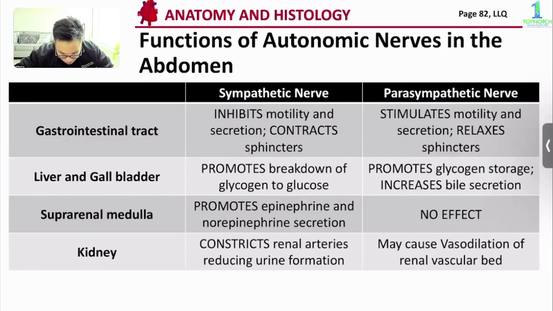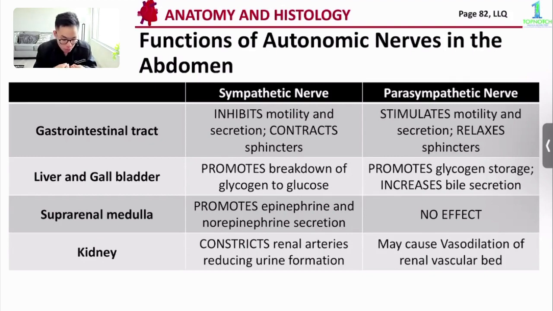Okay. So these are just the functions of the autonomic nerves in the abdomen, a little bit of correlation with your physiology. I'm sure Dr. Brawley did a really good job explaining the concepts here. If it's sympathetic, it's going to inhibit motility. You don't want to crap yourself out when you're in a tight situation.